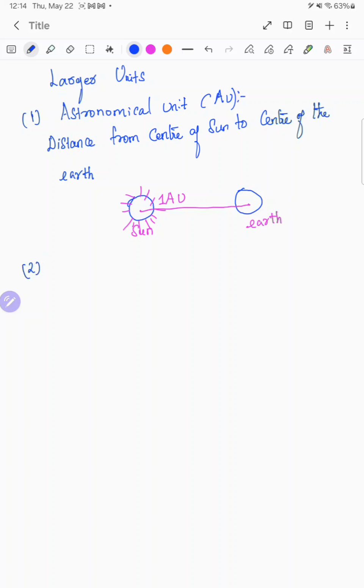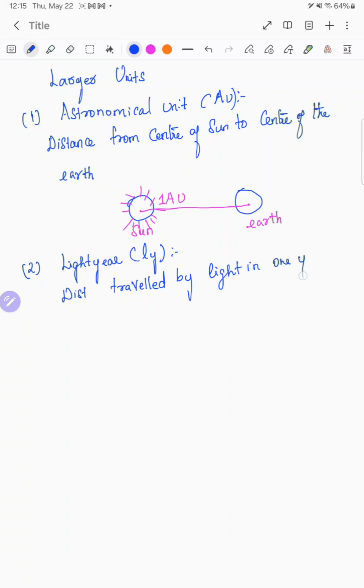The next larger unit we are going to see, we have heard it so many times, is the light year. What is a light year? It is defined as the distance traveled by light in 1 year. It is given in the name itself, so you can easily understand.